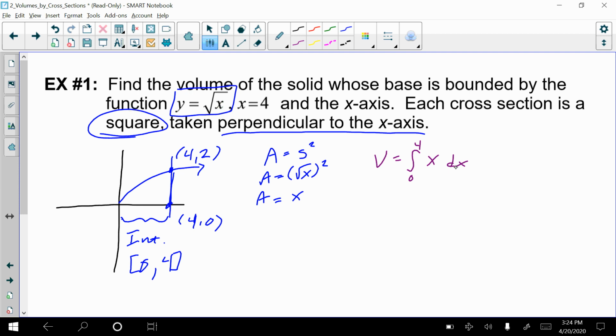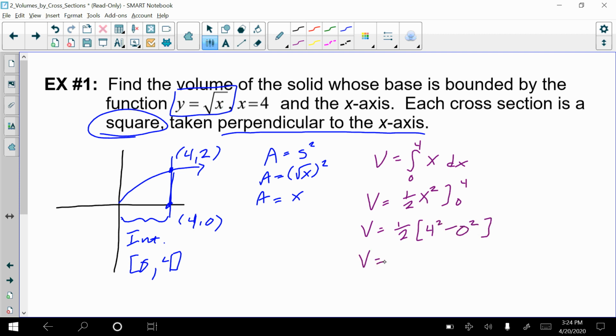So we go ahead and take the antiderivative here, and this will be 1/2 x squared for the antiderivative, and we're evaluating it from 0 to 4. So I'm going to have the 1/2 pulled out as a constant, and then we would just substitute the 4 and the 0 with the fundamental theorem of calculus, so that'll be 4 squared minus 0 squared.